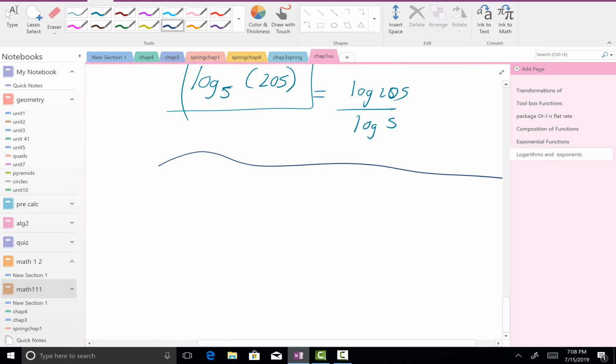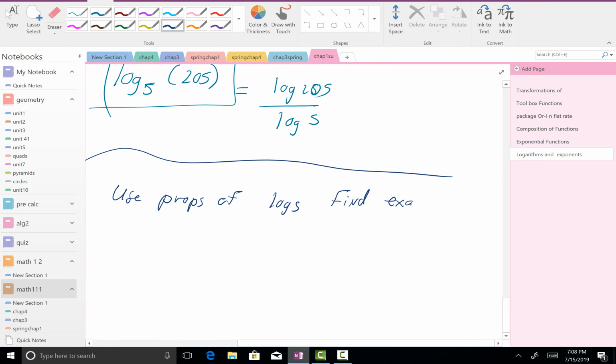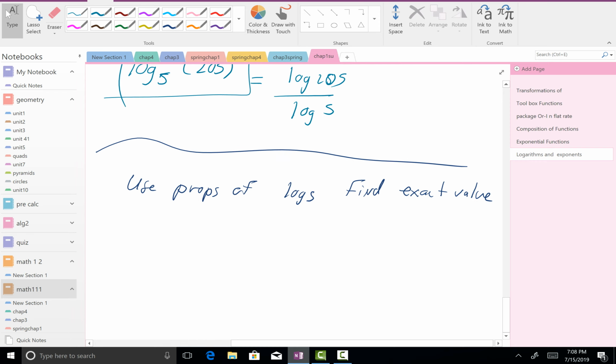Okay. So for example, it says use properties of logarithms to find exact values. So here we go again. So we'll go to log of 2 base 5 plus the log of 9 base 5.